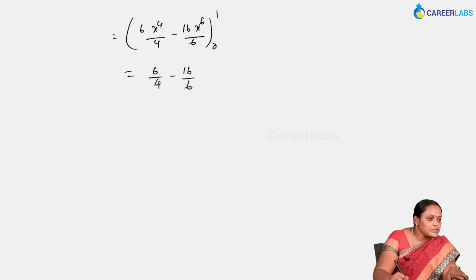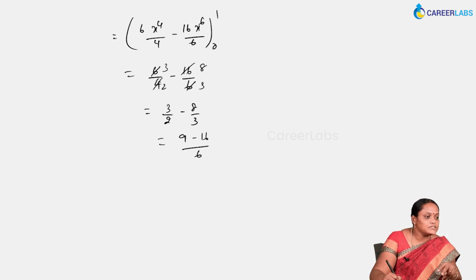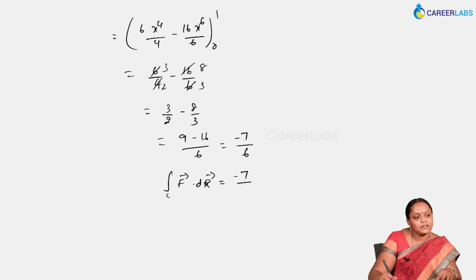So you can write this as 3 by 2 minus 8 by 3. When you take the LCM, this is 9 minus 16 divided by 6. So this will give you minus 7 divided by 6. Therefore, integral over C of f vector dot dr vector is nothing but minus 7 divided by 6.